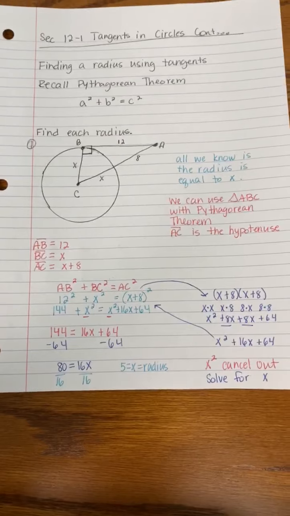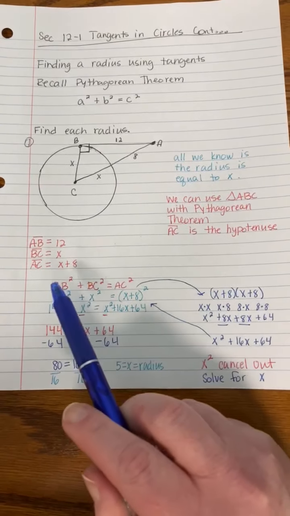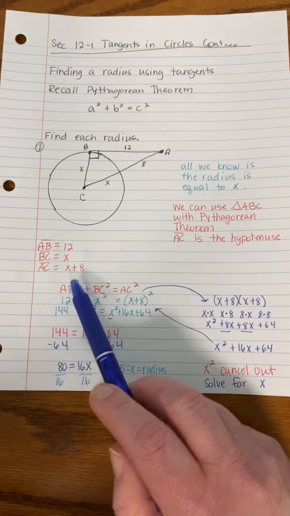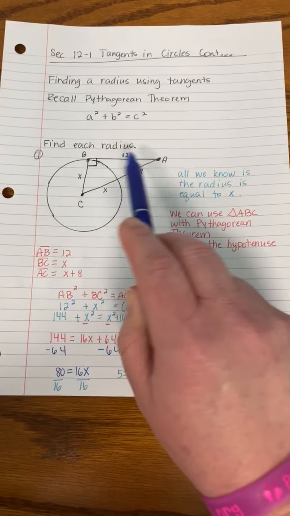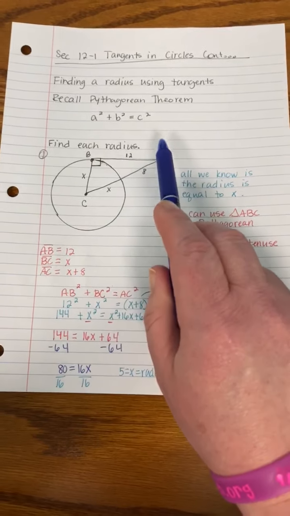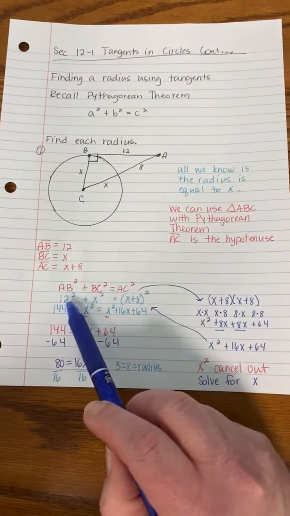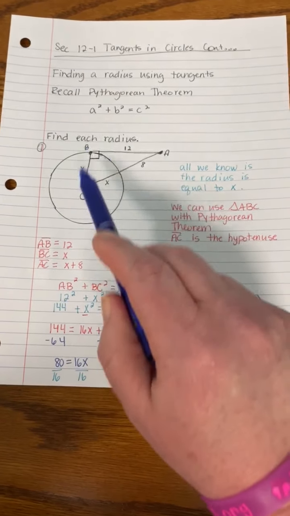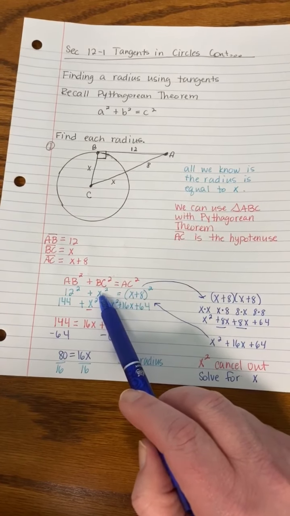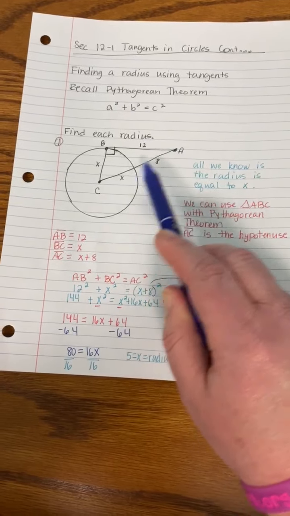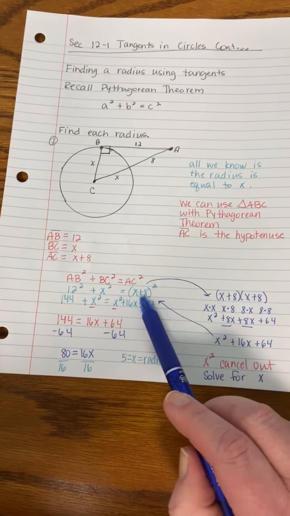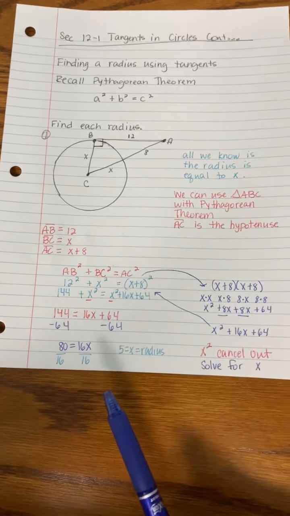All right, so I just plug those numbers into my Pythagorean theorem, okay? Normally we just do a squared, b squared, and c squared, but I'm using the side lengths on this one. So AB squared, which is going to be 12 squared, BC squared, which is going to be x squared, and then AC squared, which is going to be x plus 8, the whole thing squared, okay?